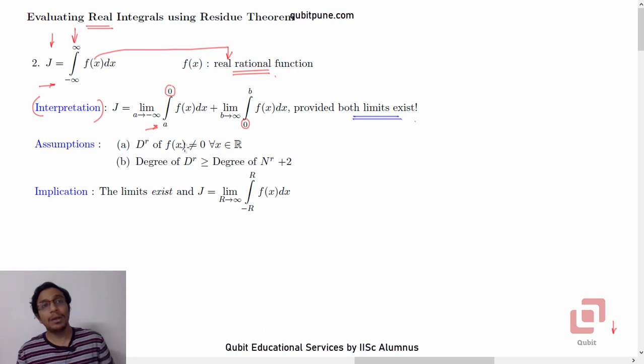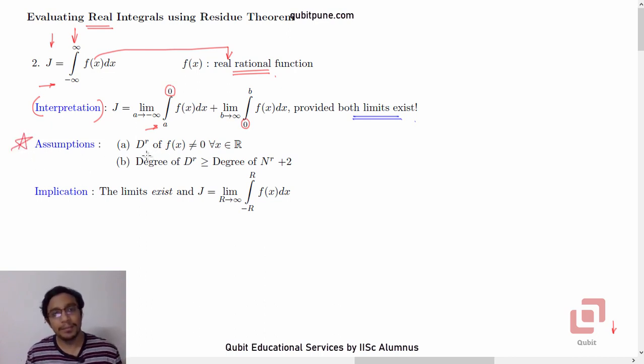Now while applying the technique of contour integration or residue integration, we are going to make some assumptions, and these assumptions will be fulfilled by the integrands. Assumption number 1: the denominator of the function f(x) is never equal to 0 for all x in the set of real numbers.